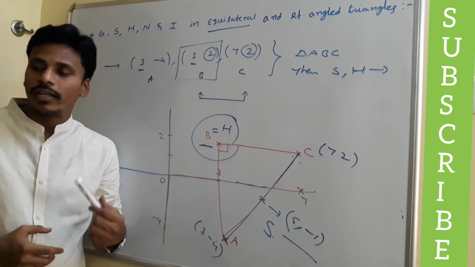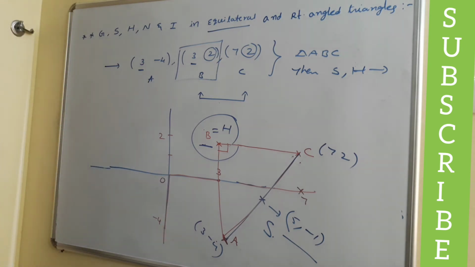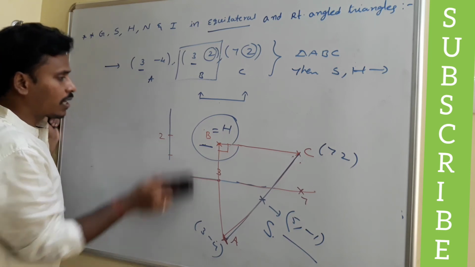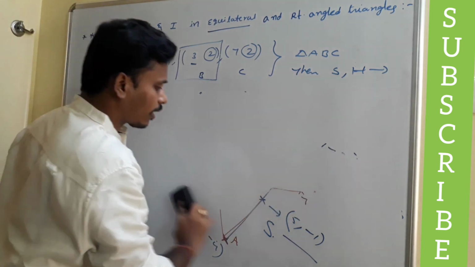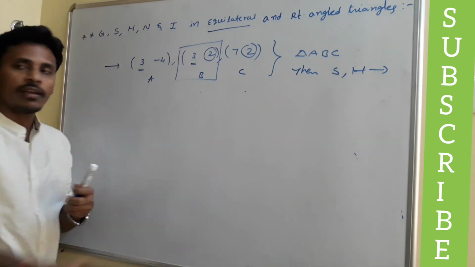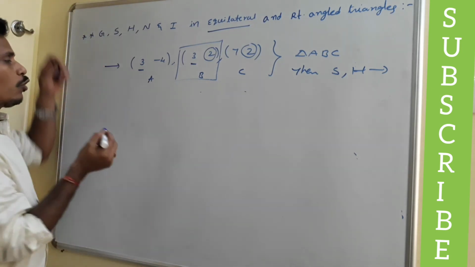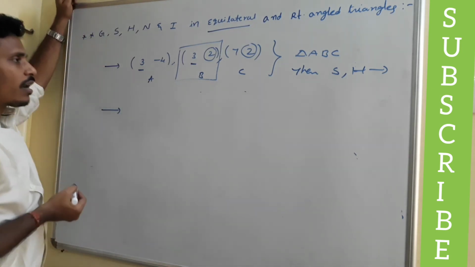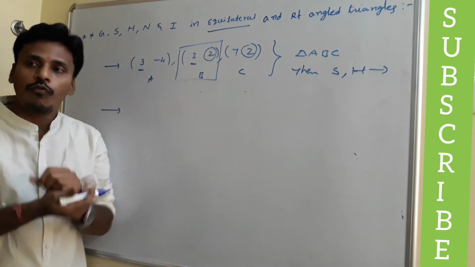I will give you a few examples related to this. Have a look. This is basically a smart trick to find the orthocenter and circumcenter, right? Don't go beyond that for the logical task. You just need to know how to find the orthocenter and circumcenter for such type of vertices.